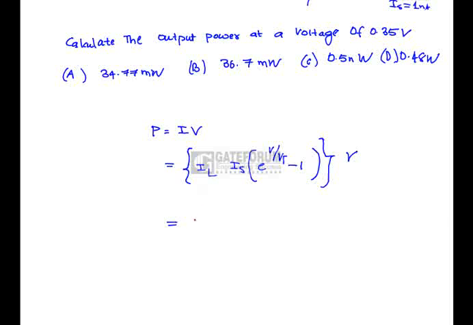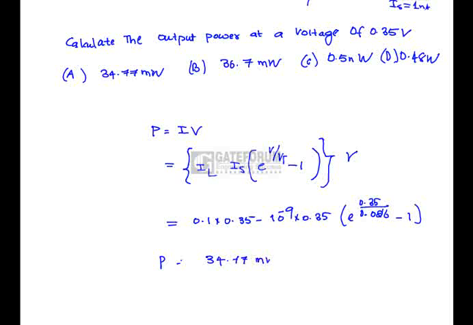Here IL is 100 milliamps, that is 0.1 into 0.35 minus 10 power minus 9 into 0.35 (e power 0.35 by 0.026 minus 1). The thermal voltage at a temperature of 300 Kelvin is 0.026. If we evaluate this equation, we will get answer as 34.77 milliwatt, which is option A is correct.